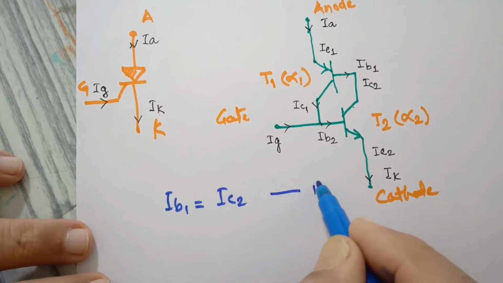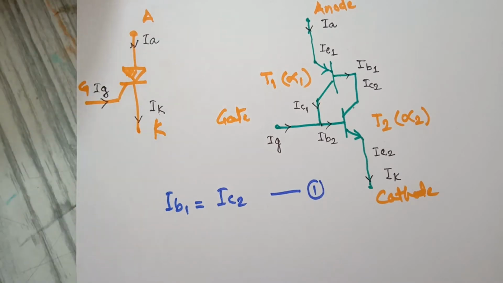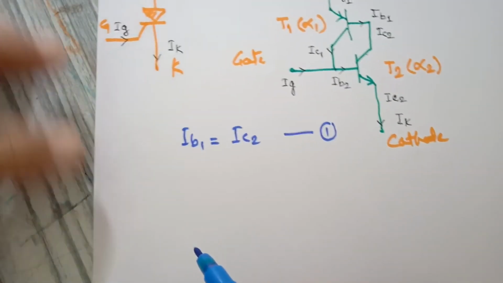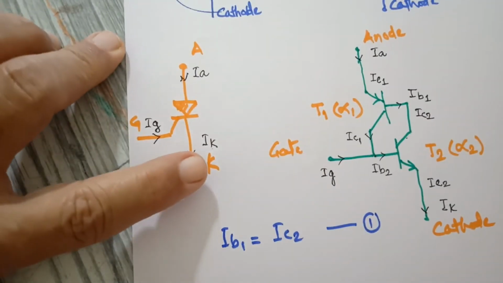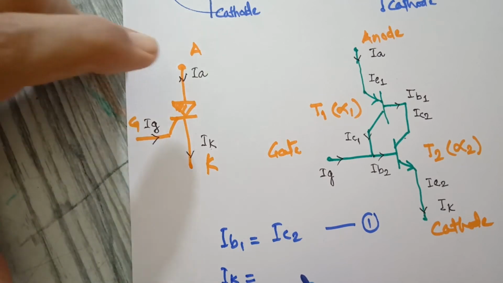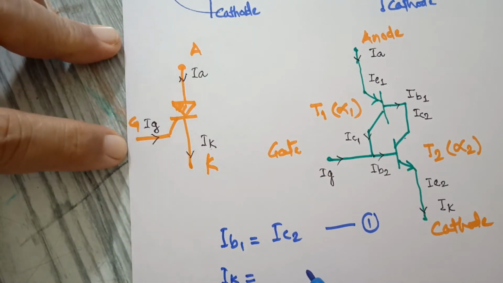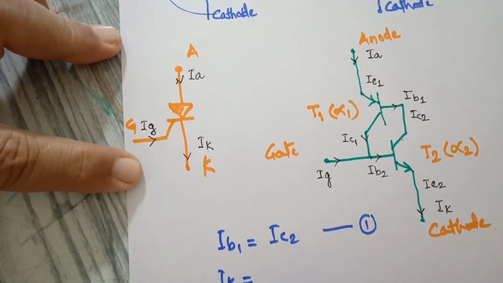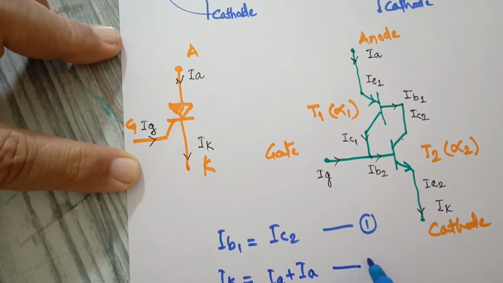Let us call this equation 1. Similarly, from this diagram, I can write that the cathode current for the SCR is the sum of the anode current and gate current. So IK equals IA plus IG.